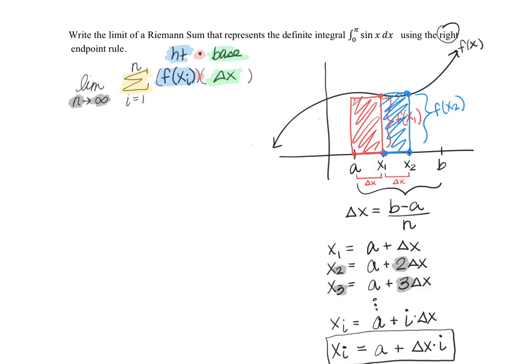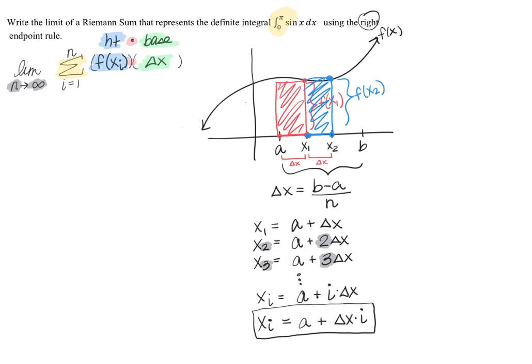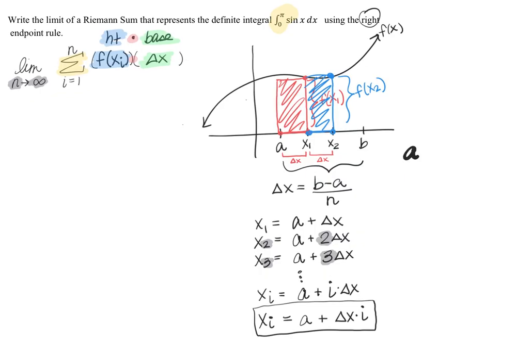So going back to the original problem, the definite integral that we were given said that we were integrating from 0 to pi. So now we have our a and our b values. I'm going to scoot over and redo this computation, but now for this given problem. Our a value is 0.